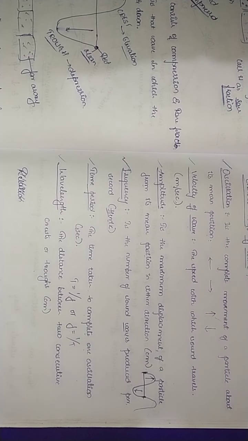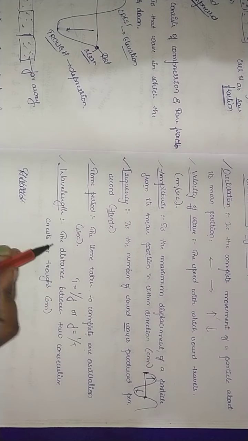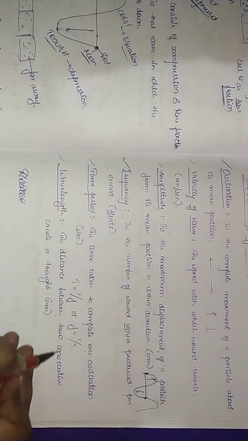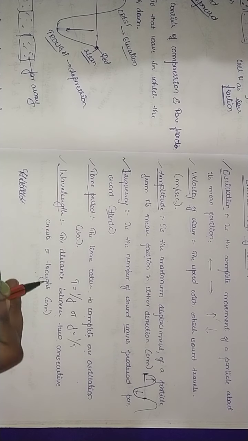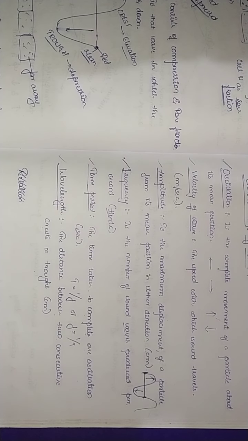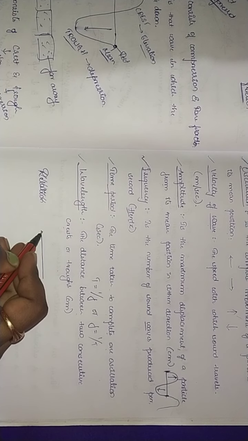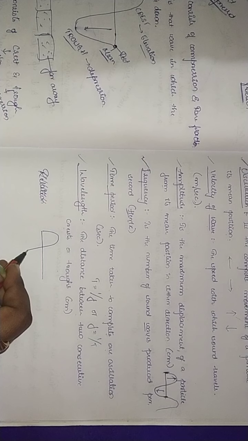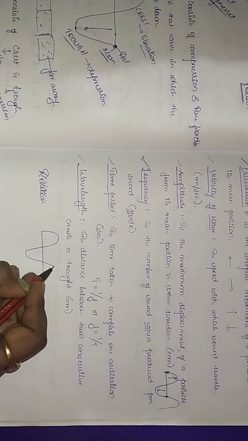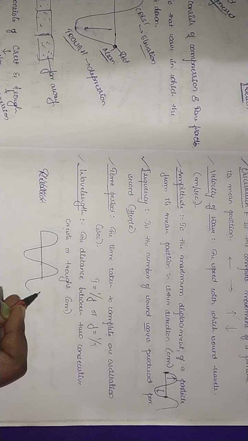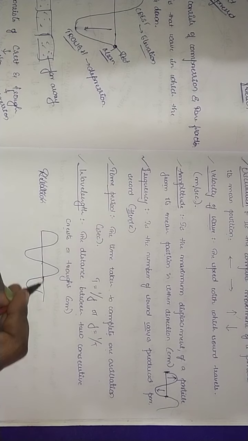And then next we have wavelength. What does wavelength mean? Wavelength means the distance between two consecutive crests or troughs. Let me try to explain. This is one complete wave, and this is the second complete wave.